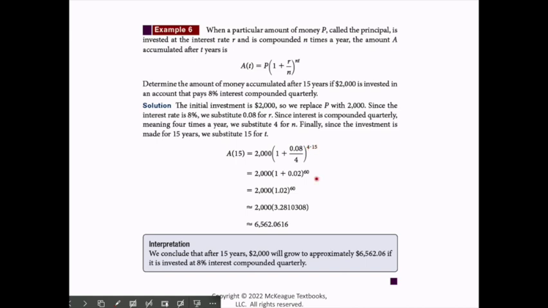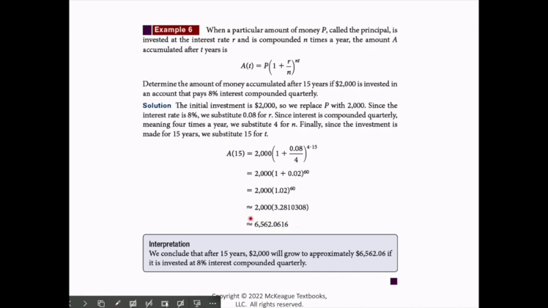Now, if we wanted to write this as a function where we could plug in any value of t, we would leave the t there without plugging in the 15, and that way you can plug in any number of years. Now, once you evaluate this, you're going to get $6,562.06.